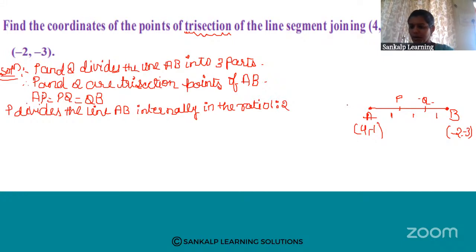Now, when you know the coordinates of A and B and also you know the ratio, that time you are going to use the section formula.